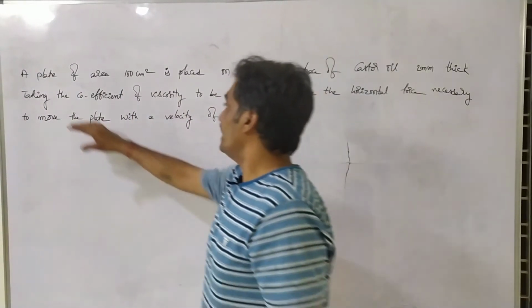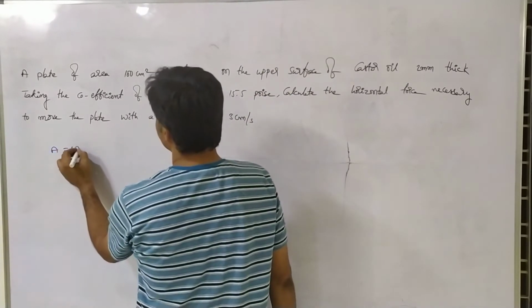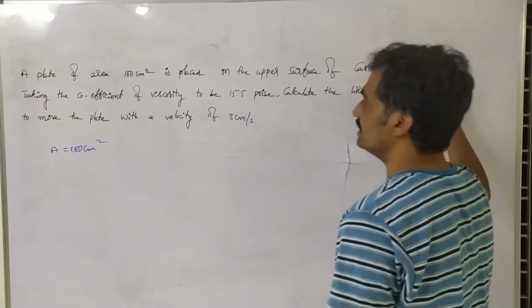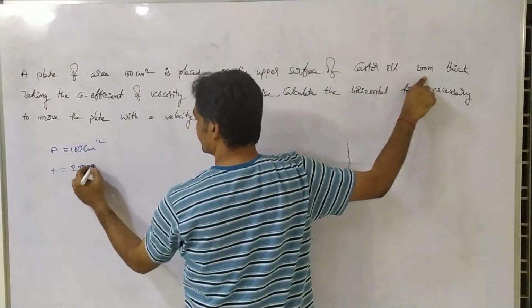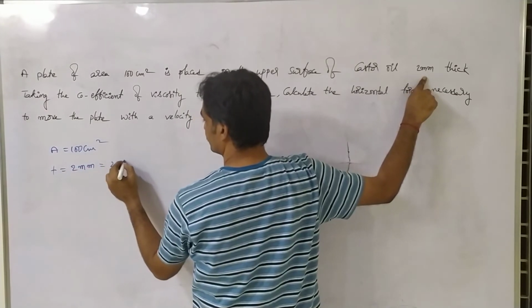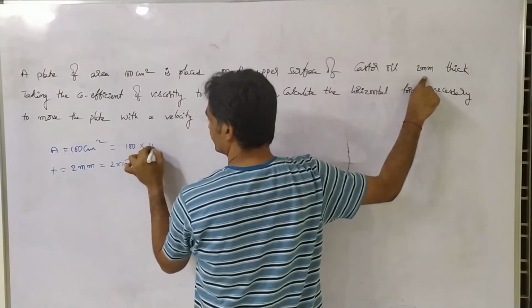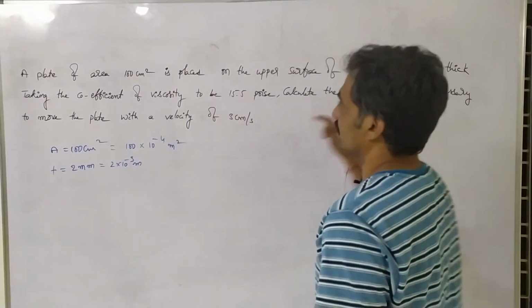Observe the next problem. A plate of area 100 centimeter square is placed on the upper surface of castor oil 2 millimeter thick. So T is equal to 2 millimeter, which is 2 into 10 to the power of minus 3 meter, and area is 100 into 10 to the power of minus 4 meter square.